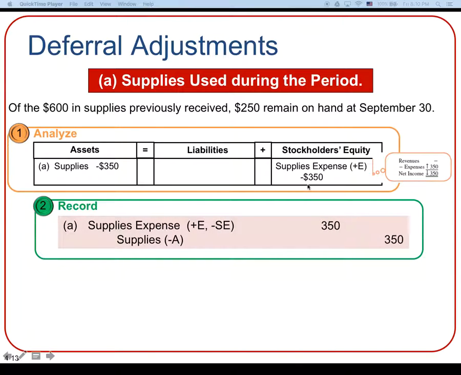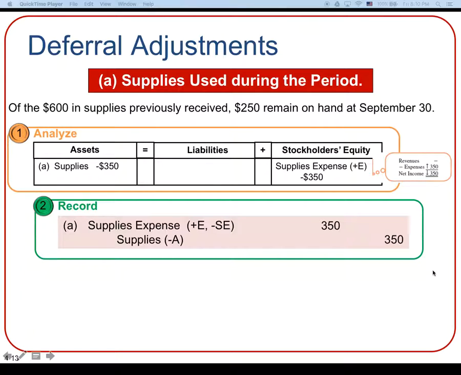So that's what your journal entry would look like. You debit supply expense because that's the negative to your equity. Your equity is on your right hand side. So an increase to your right hand side is credit, and a decrease to your right hand side is debit. So you debit supply expense and you credit the supply because credit is a decrease to your asset account.